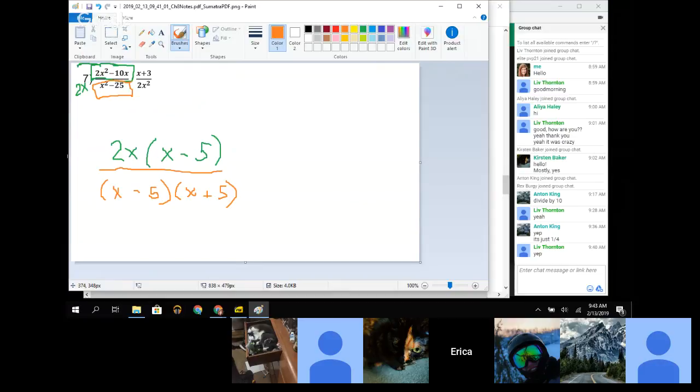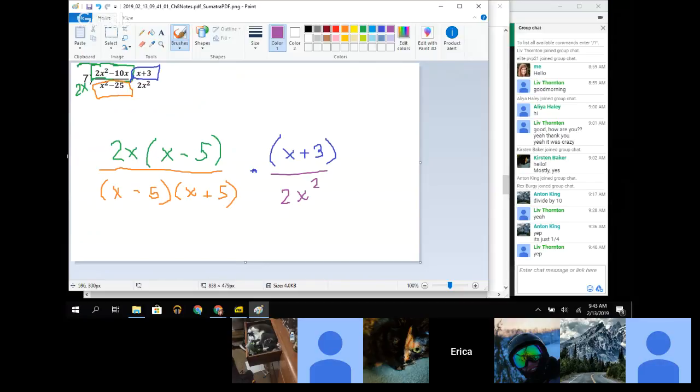That way the minus 5x and the plus 5x cancel each other out, and we're simplified there. Now this is a multiply there, so that's good. X plus 3, I'm going to just write it like this so I know in my head that that's all together as one quantity. That's the numerator of my second fraction, and the denominator of my second is 2x squared.